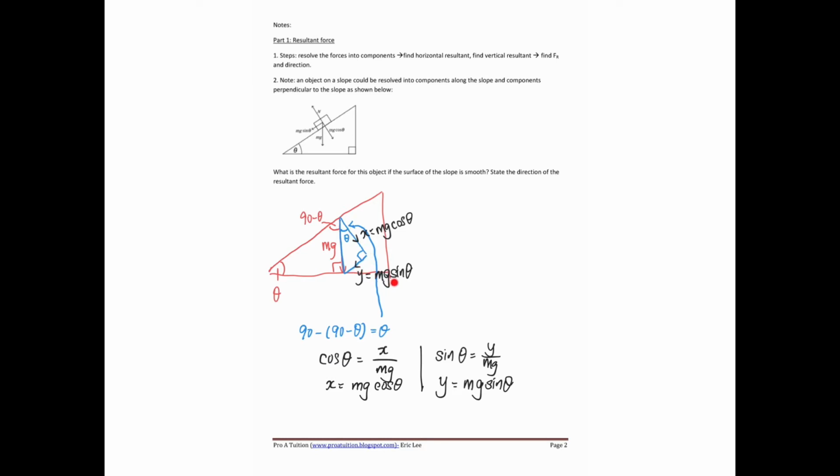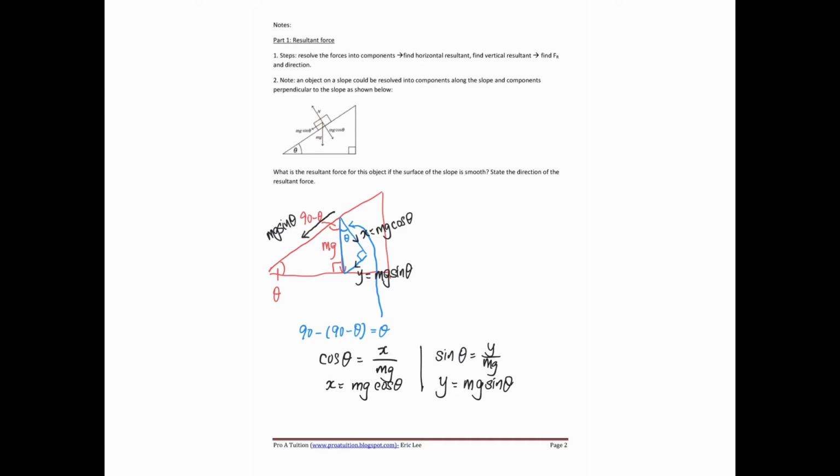But once you get the value, you can always transfer it here for better illustration. So mg sine theta, we can transfer it there, as you see what they do here. They transfer it from here to this side.